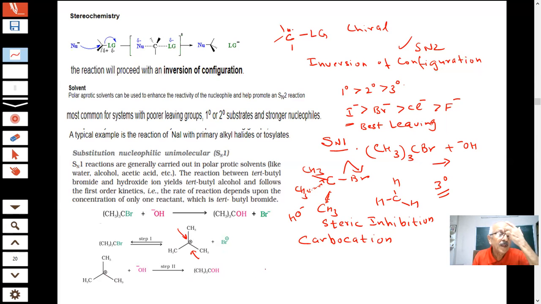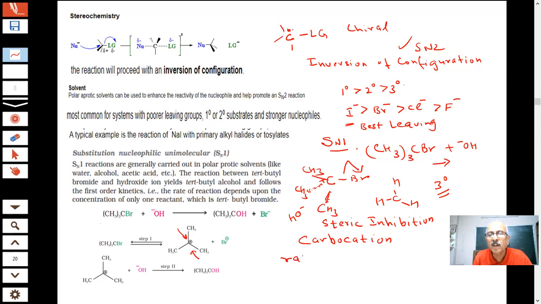This is step 2. So in this case, the rate will be determined only by the alkyl halide, because the nucleophile attack will be very fast after the group has left, and it doesn't matter whether it is a strong or a weak nucleophile. Therefore, this reaction follows first order. The rate depends on the concentration of the alkyl halide.